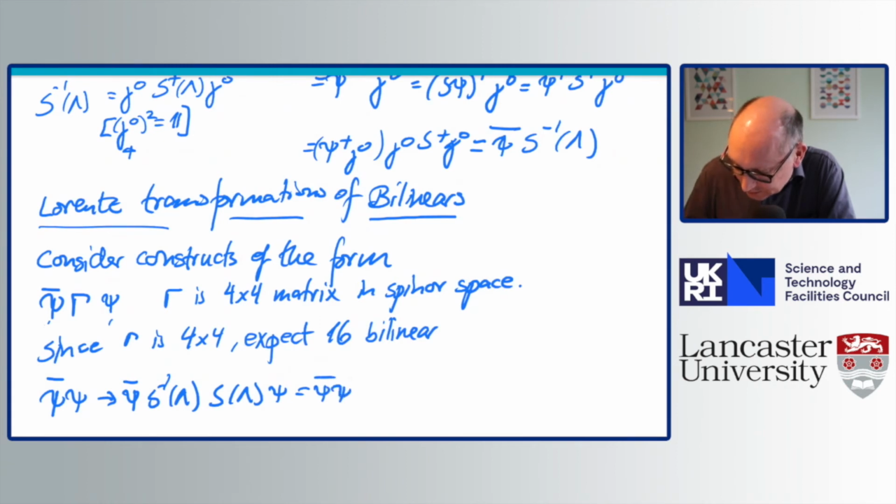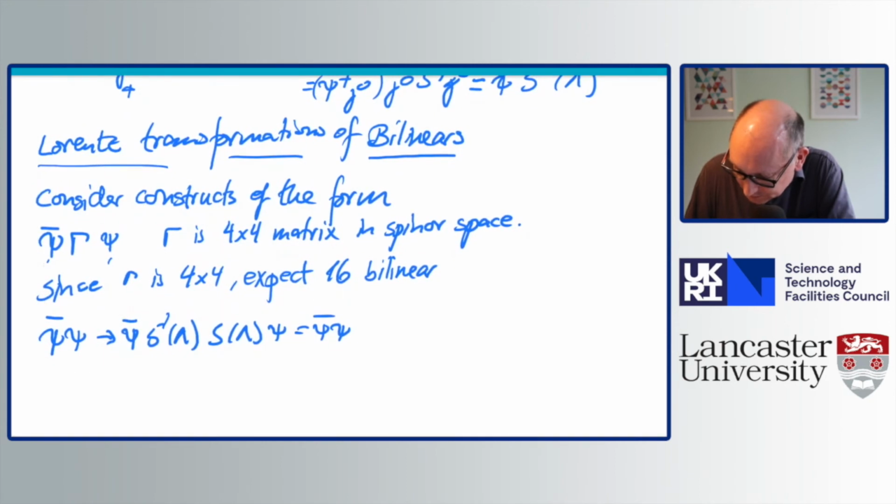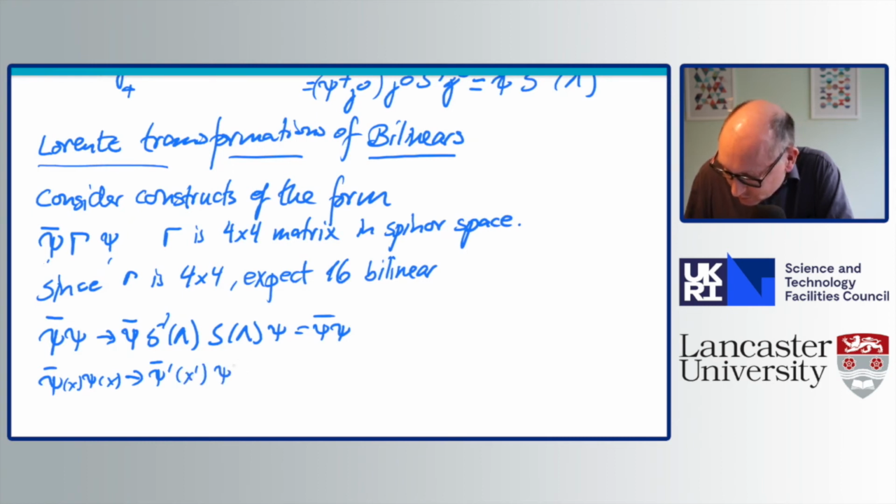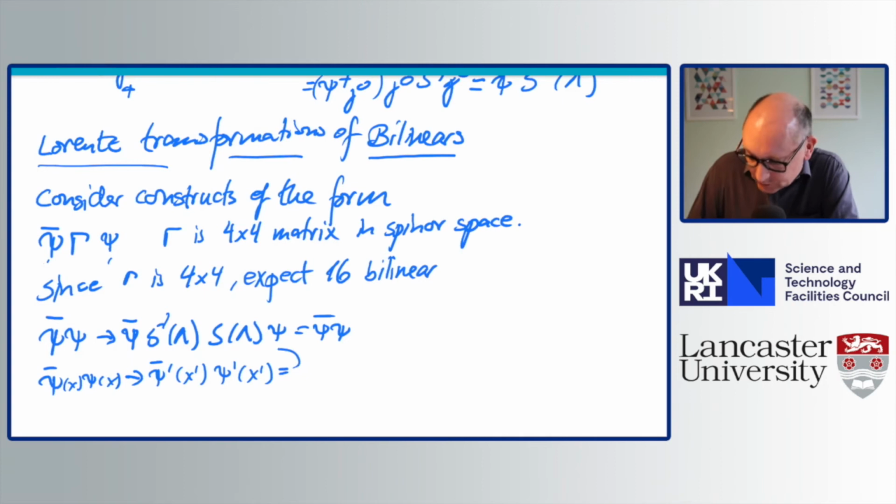Maybe this wasn't clear enough. I'll just do this again. So psi bar of x, psi of x under Lorentz transformation goes into psi bar prime of x prime, psi prime of x prime, but this of course is equal to what I wrote here. So that's what I meant with goes into.